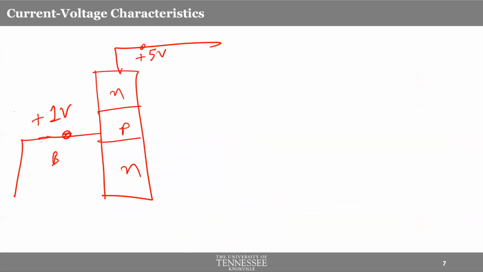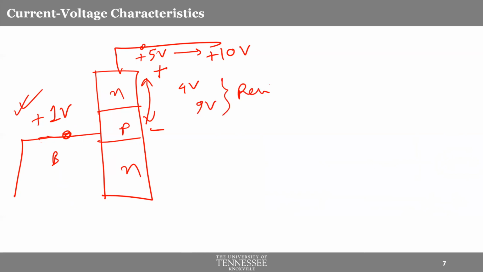So with respect to this guy, the overall voltage across the PN junction will be 4 volt, and this will be plus, this will be minus. So reverse bias, still reverse bias. Now if you convert this 5 into 10 volt, you will still have reverse bias, and even higher reverse bias, which is good, right?